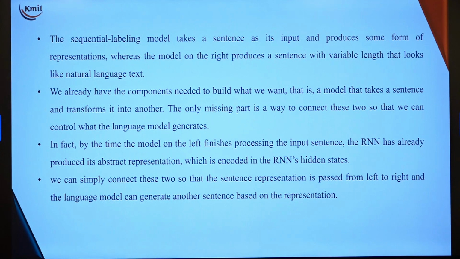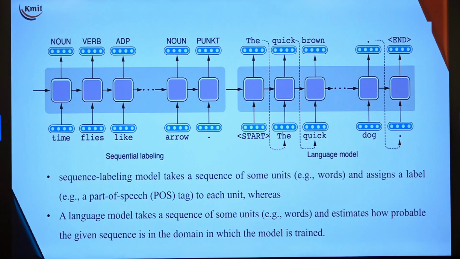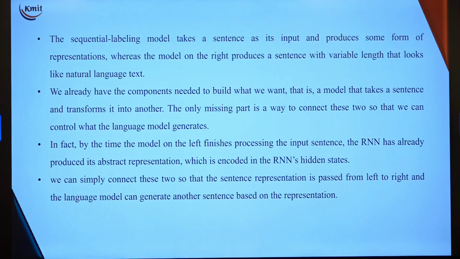By just connecting these two. By the time the first model on the left finishes processing the input sentence, the RNN produces an abstract which will be encoded, and then this is passed from left to right to the language model block on the right hand side, which will generate the other sentence for the given input.